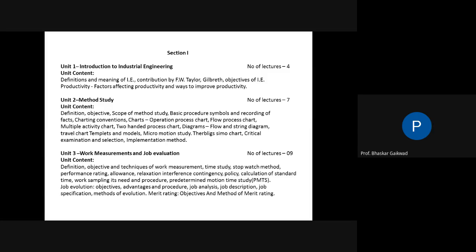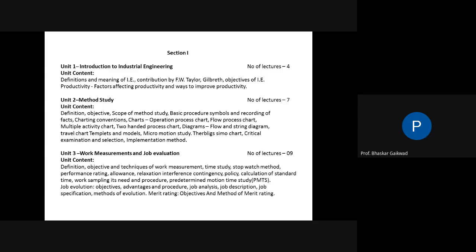While studying the manufacturing process and shop floor activity, we require a certain questionnaire. We can write that questionnaire and answer it, and after that we can think about improvement in the process. So this is about method study.